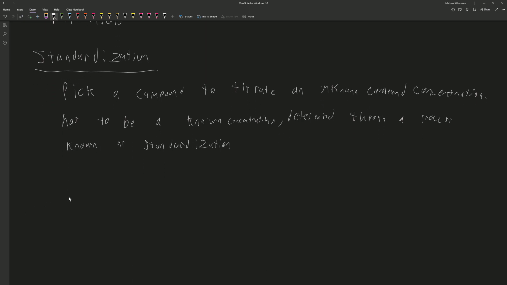So in this example that we're going to use, we are going to standardize KMnO4 with Na2C2O4.